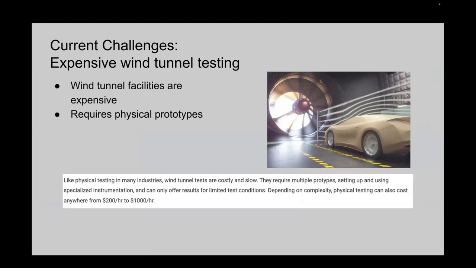So okay, after we talked about aerodynamics, I will talk a little bit about the current challenges. The first challenge is that traditional wind tunnel testing is so expensive and time consuming. For example, teams usually need to build a physical model before the testing, which increases both the cost and development time.